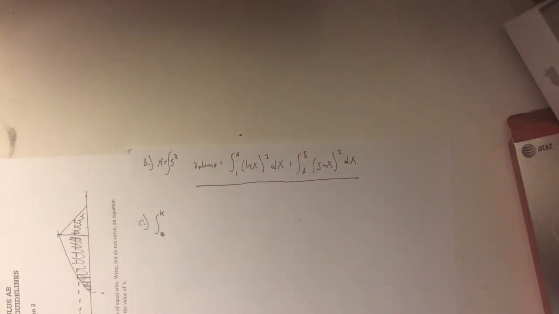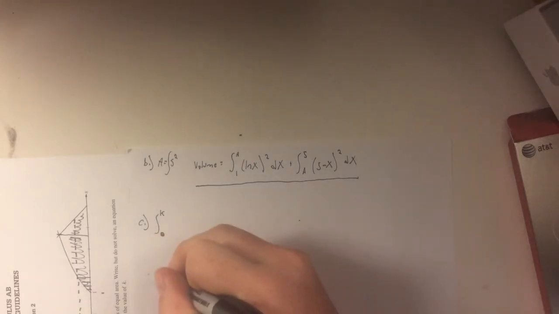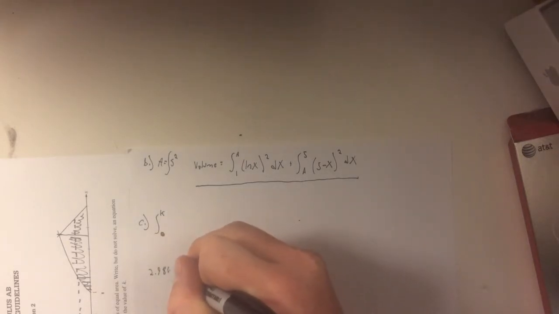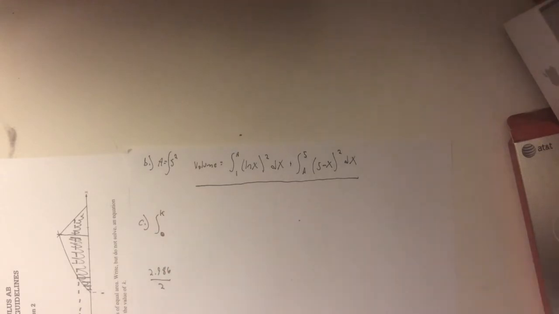And because we already know the answer to this problem, it's just the answer we found in part A divided by 2, which is going to be 2.986 divided by 2.